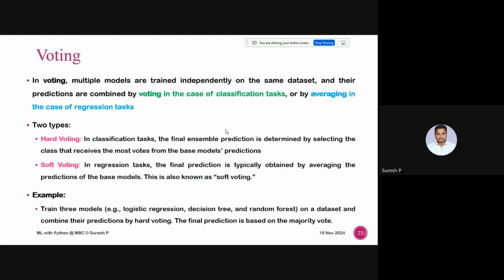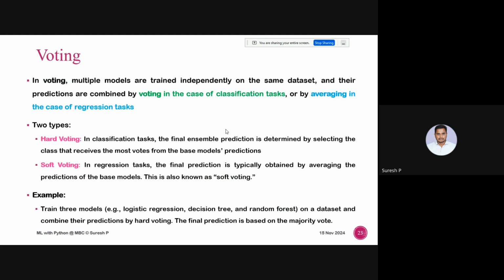Next one is voting. In voting, multiple models are trained independently on the same data set. So in the voting technique, there are different models, and every model is allowed to learn or train independently on the same data set. The data set will be the same, but multiple models will be trained.